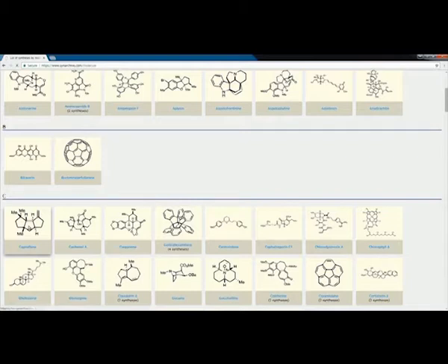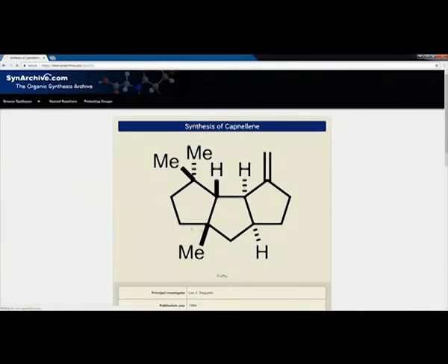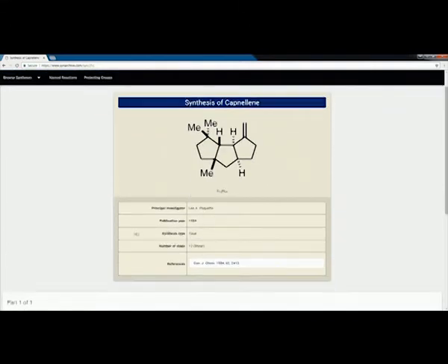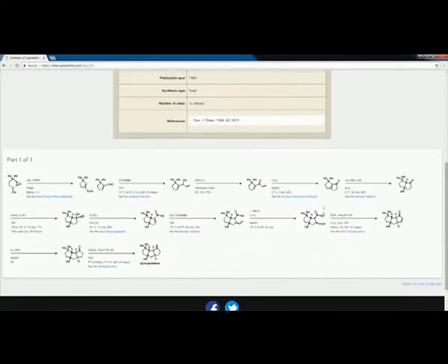Okay, I will click this molecule. Now, see this molecule, they said that this molecule having this structure was reported in 1984. The investigator is Leo Paquette, a great organic chemist, and see the entire forward pathway is given to you.